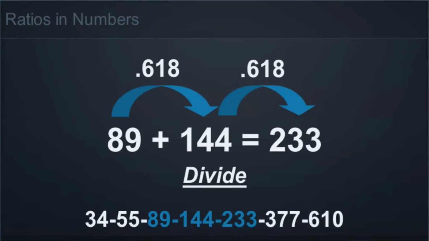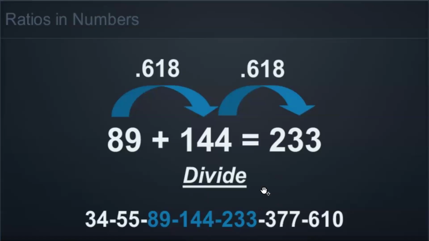Remember, we say this plus this is equal to this, which is 89 plus 144 is equal to 233. And then let's use 144 divided by 233, which is 0.618.